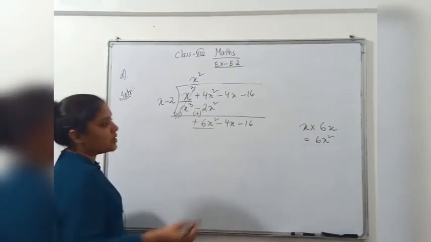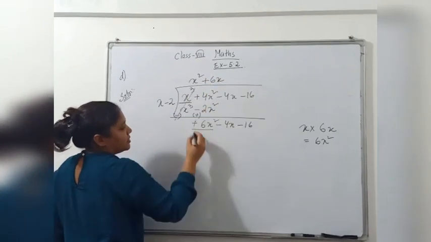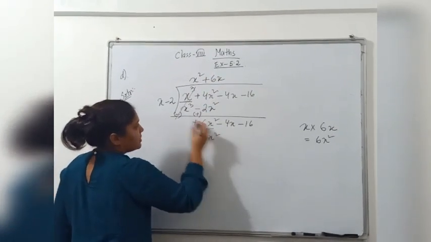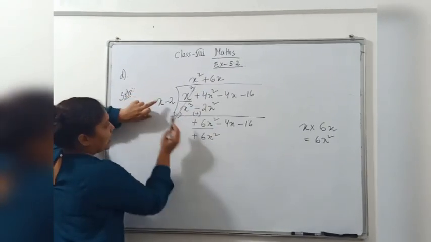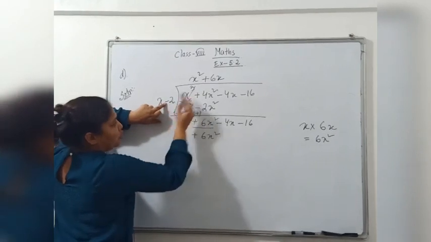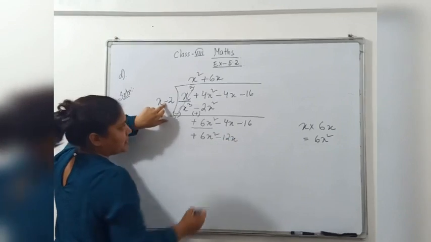So what are we going to add here more? 6x. x into 6x, your answer is going to be 6x square. So we are going to add here 6x. So what is going to be the answer? Second line, x into 6x, 6x square. Minus into plus, minus. 2 6s are 12. Minus 12x. Clear?